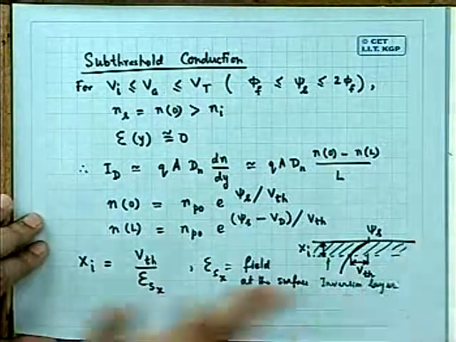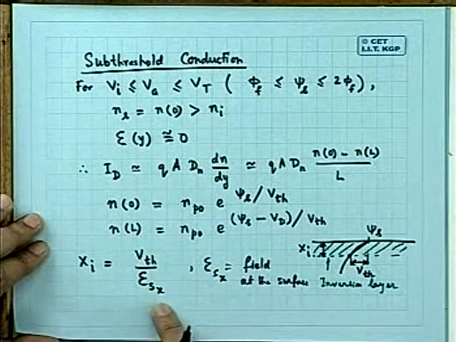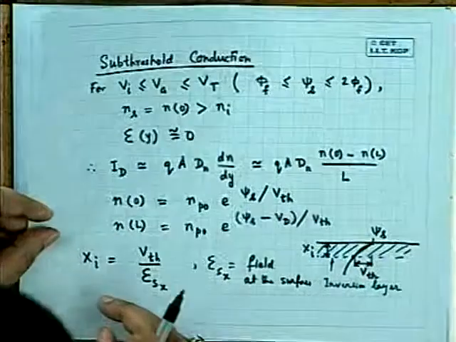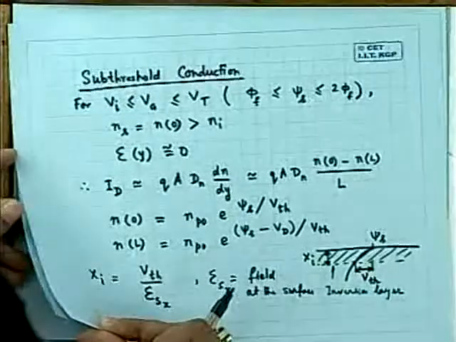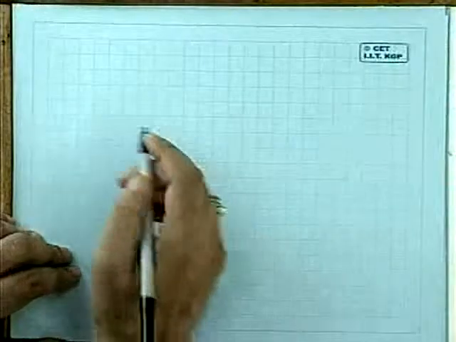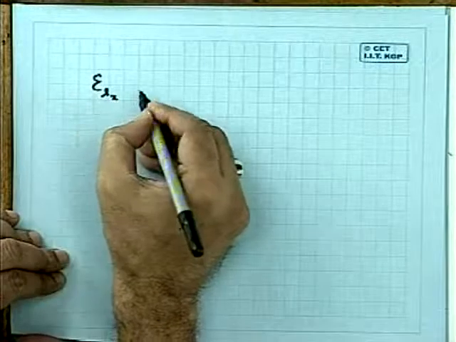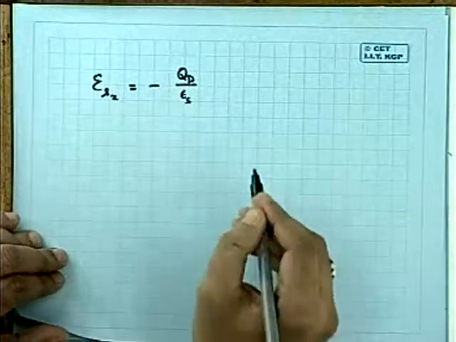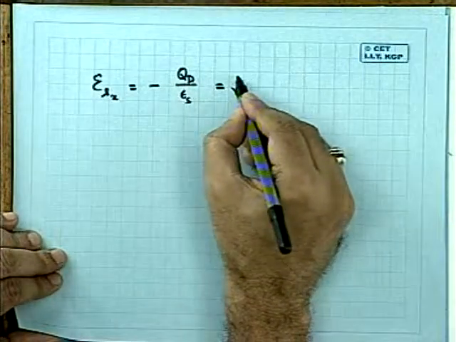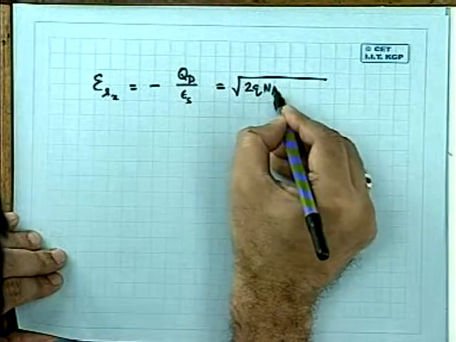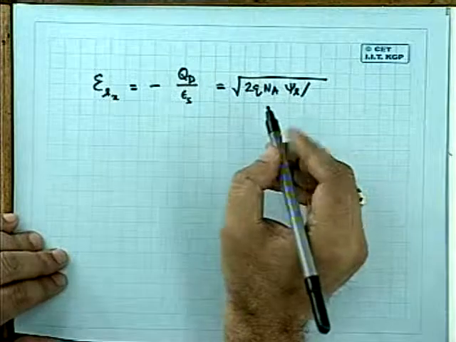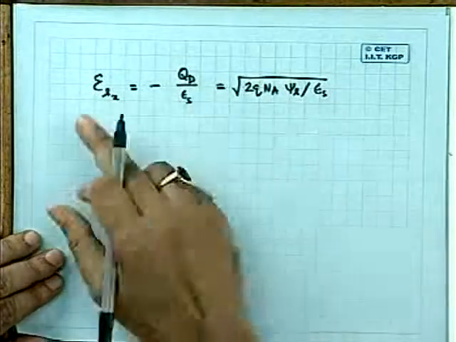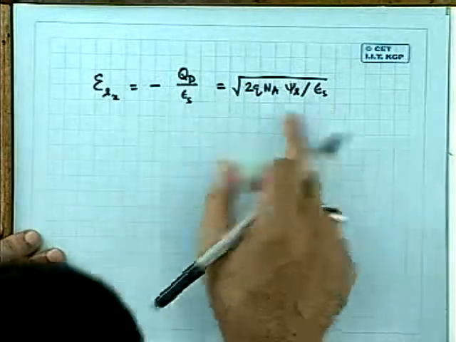Because we are considering both y and x, therefore the field is the normal component of field at the surface. That is xi. This is a simplistic derivation, let me tell you. And epsilon s, on the other hand, is given by minus Qd by small epsilon s, and that is given from Poisson's equation. I know the Gauss's theorem, we get this one.